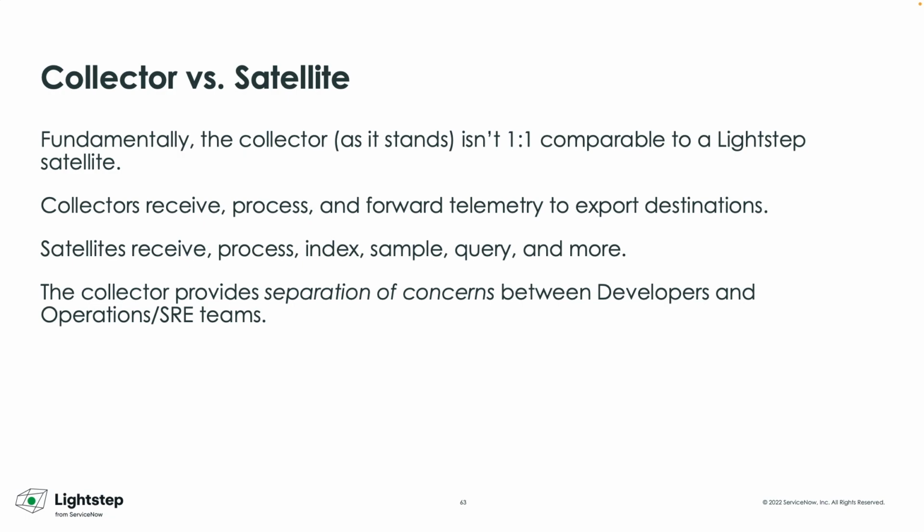Moreover, the microsatellite is validated and supported by Lightstep to support very high volumetry. So you will use the collector most of the time if you want to send your data to different backends, and you will use the microsatellite if you want to send your data to Lightstep just to reduce the volume of data that you send and optimize the performance.